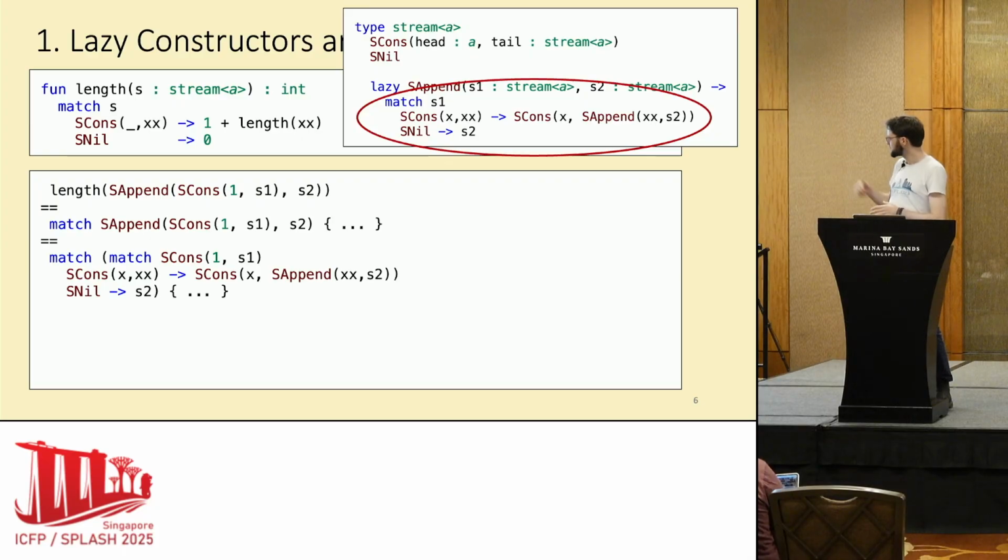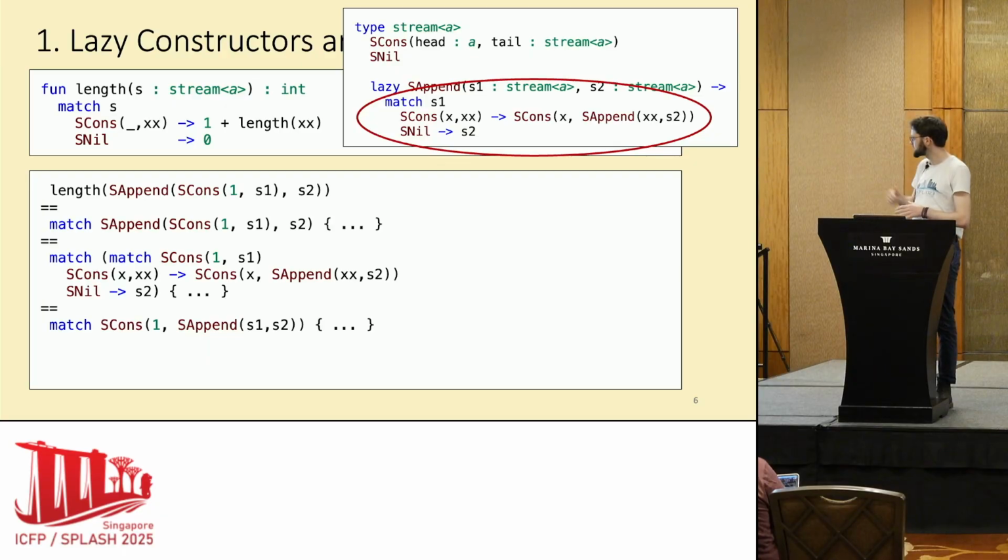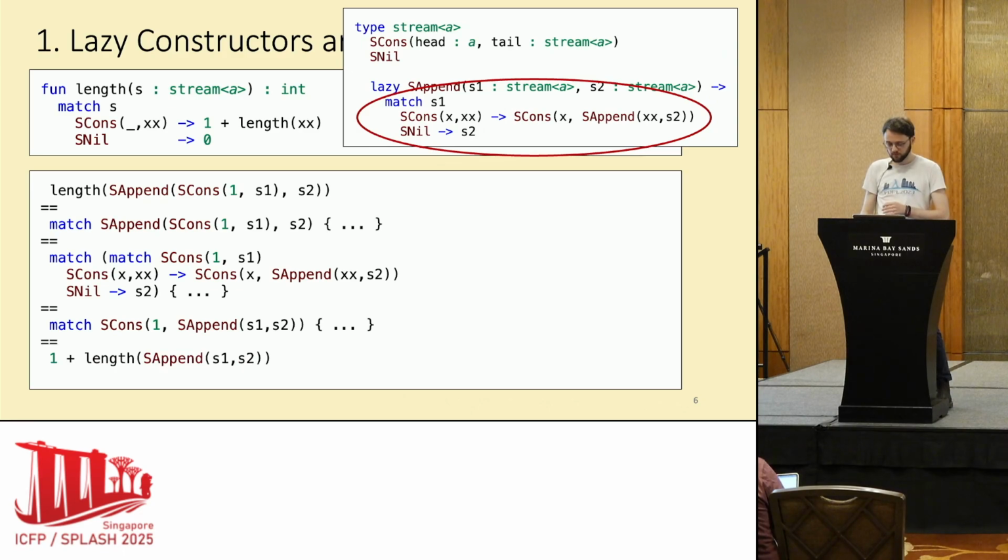Now we can evaluate the inner match, and we just get a match of scons 1 on sappend S1 and S2, which by the definition of length evaluates to 1 plus the length of the rest of the appended stream.